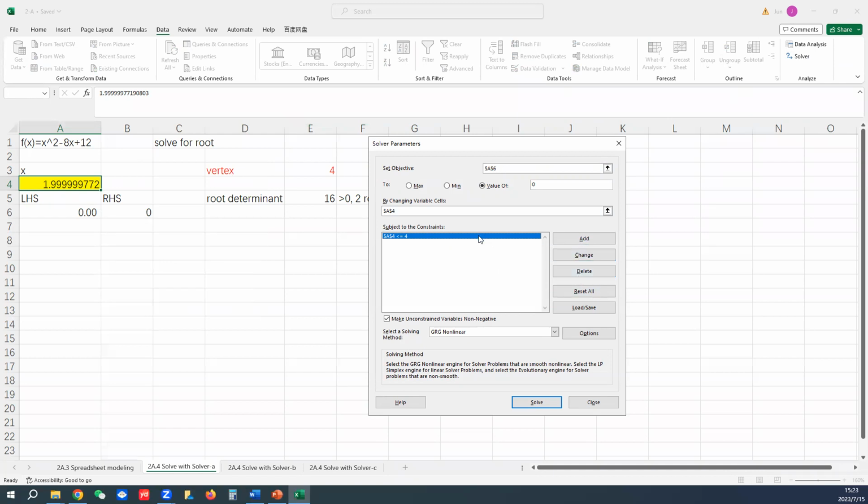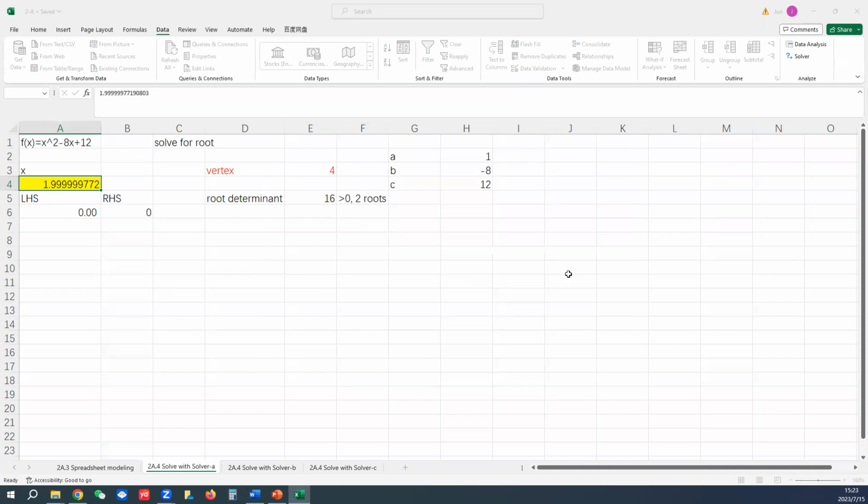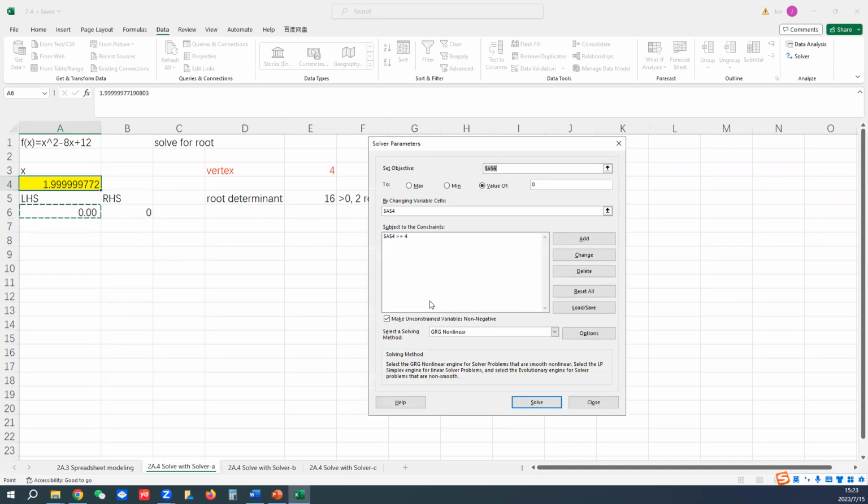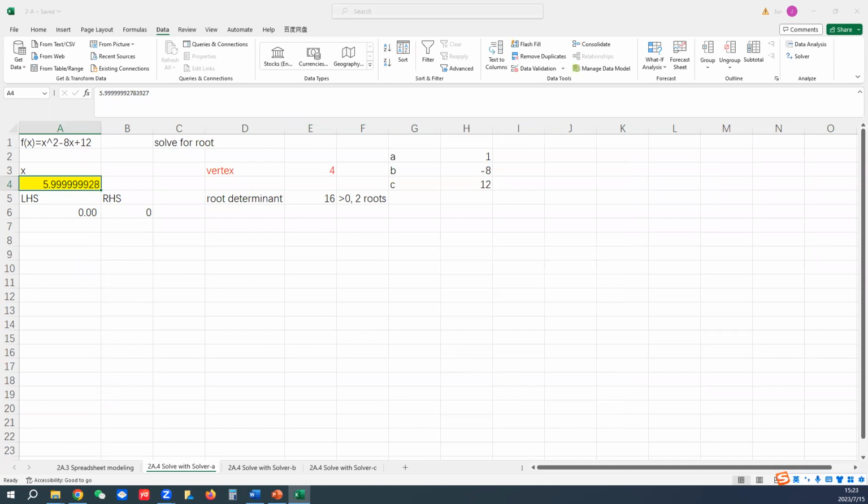Just select this constraint, delete that and add a different constraint. So now the constraint should be, what if x is greater than 4? And then it should give you the other result.